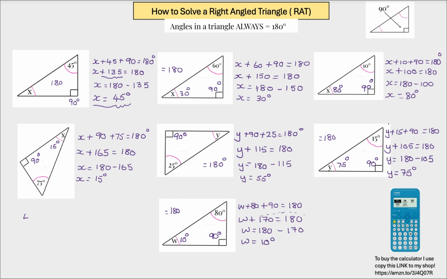For the top one, you could have just gone 45 plus 90 equals 135. And then you could have done 180 minus 135 equals 45 degrees. You can do it that way. I'm not telling you you can't. Many people do it that way.